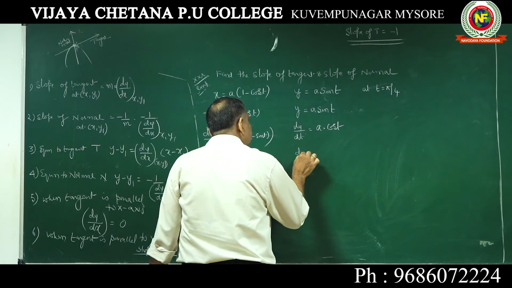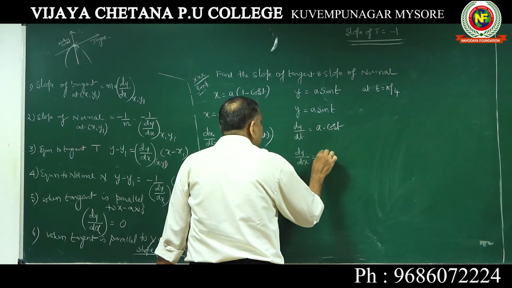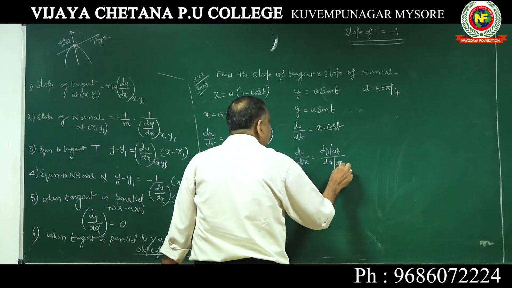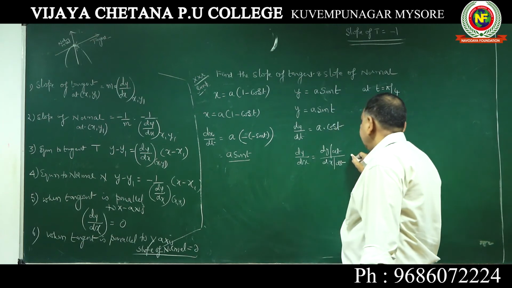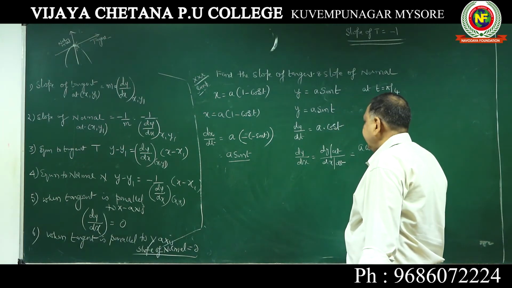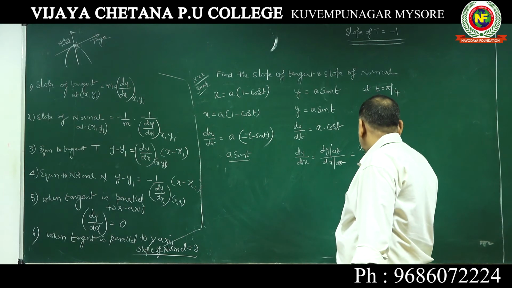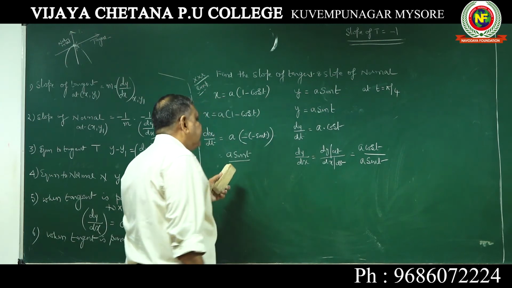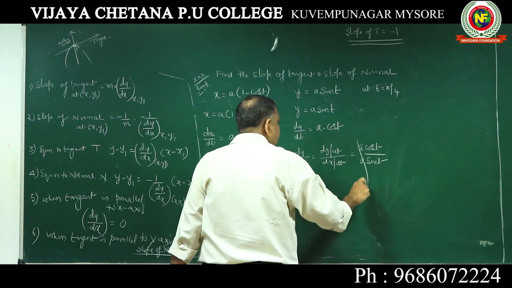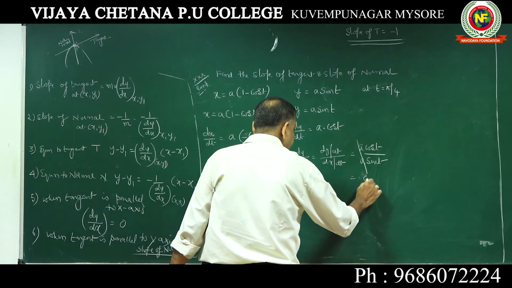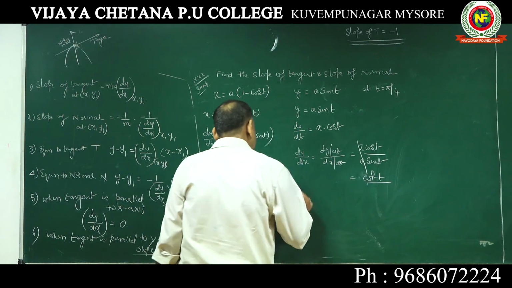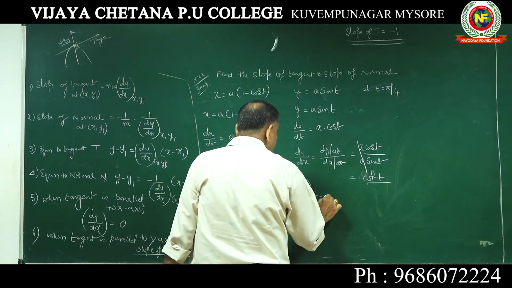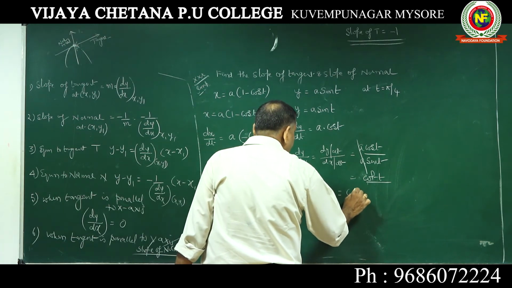Or dy by dx is equal to dy by dt by dx by dt, that is a cos t divided by a sin t. Now cos t by sin t is cot t. But you want dy by dx at t is equal to pi by 4, that is cot pi by 4, it is 1.